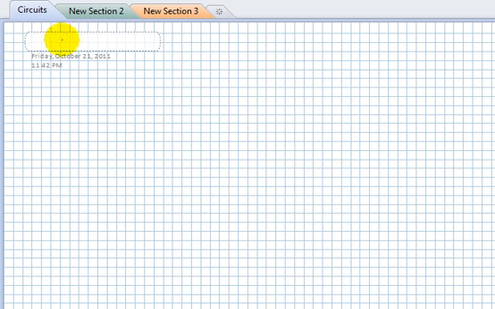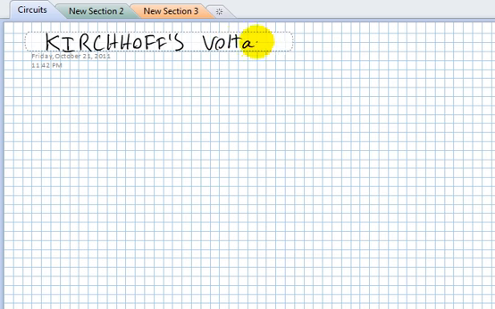Today, or right now, I should say, we are going to do the counterpart of Kirchhoff's current law, which happens to be the counterpart of current, which is voltage, Kirchhoff's voltage law.